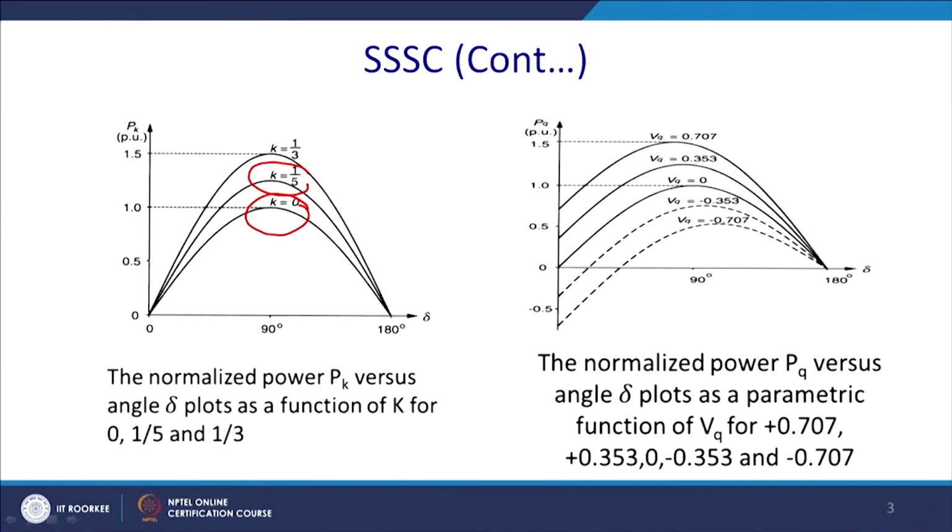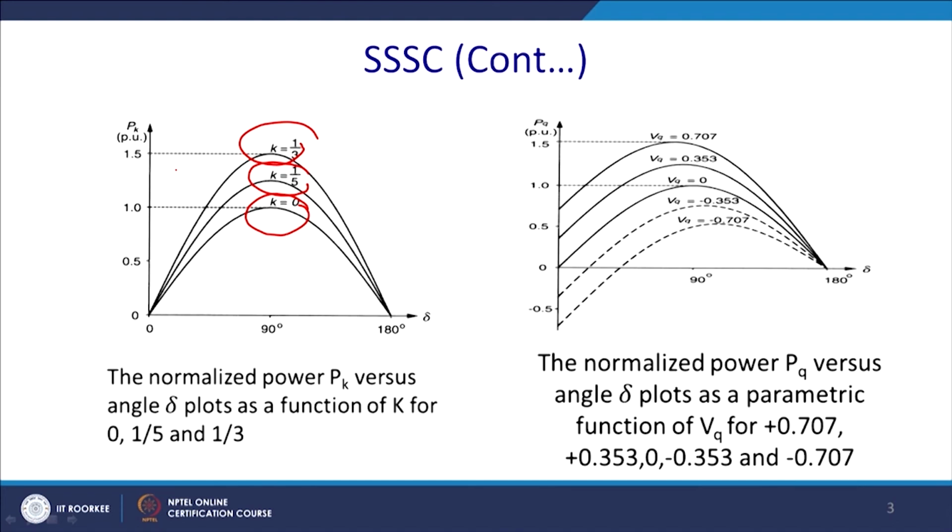For this reason, K equal to 1 by 5 is a ratio of V by VQ, and this is 1/3. You can see that even at 1/3 voltage, at 90 degree, power handling capability increases by 50%.